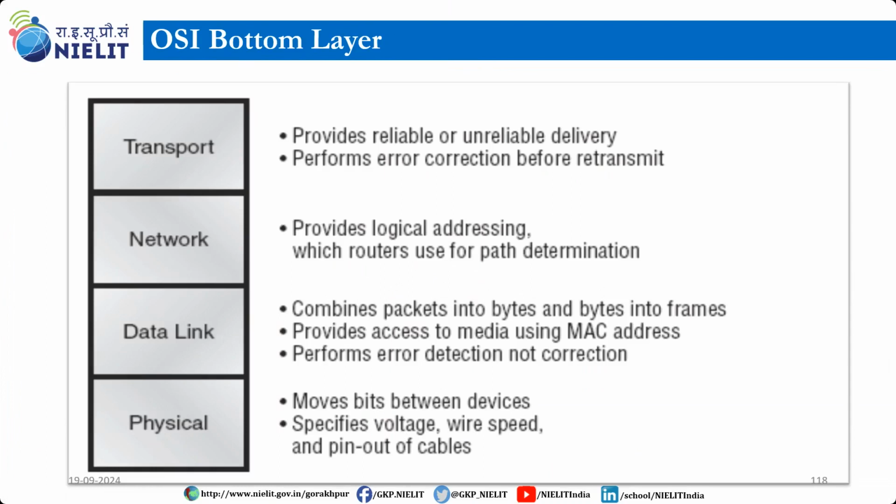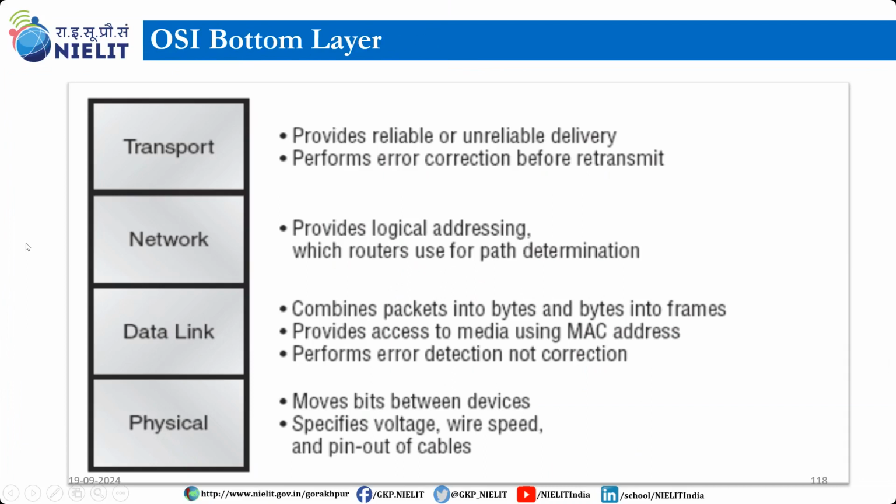It performs error detection, not correction. Physical layer moves bits between devices with the help of voltage, wire specification, different types of cable, optical fiber, copper cable, radio frequency, satellite communication, uplink signal, downlink signal. Everything is associated with the physical layer.